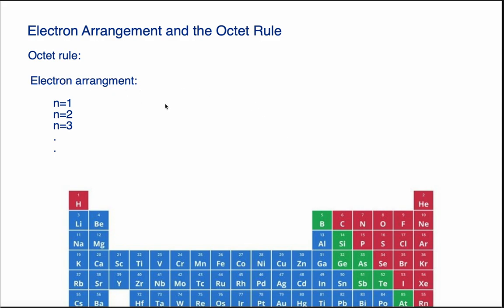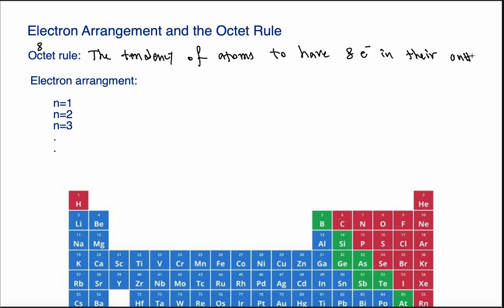What is the octet rule? The octet rule refers to the fact that atoms are the most stable when they have 8 electrons in their outermost shell. So it's basically the tendency of atoms to have 8 electrons, so octet means 8, in their outermost shell, because that is how they are the most stabilized.